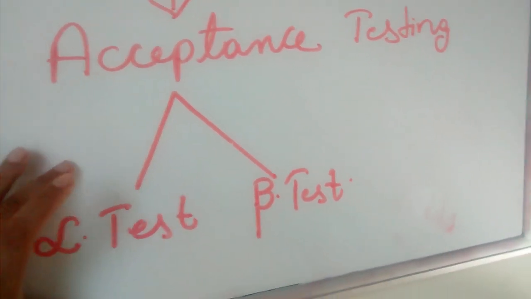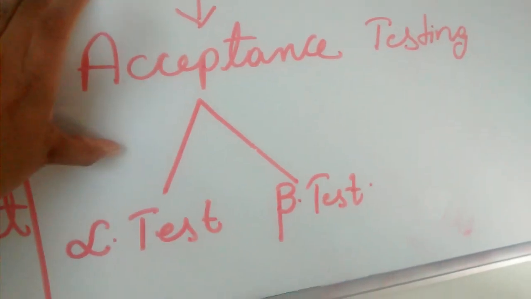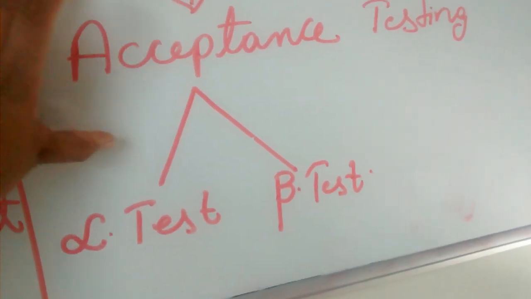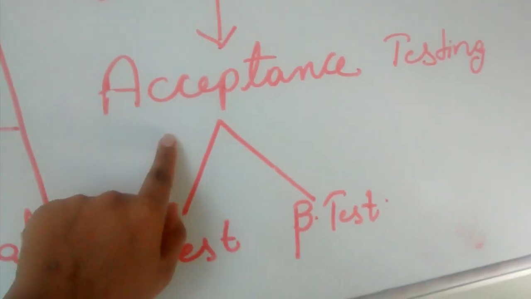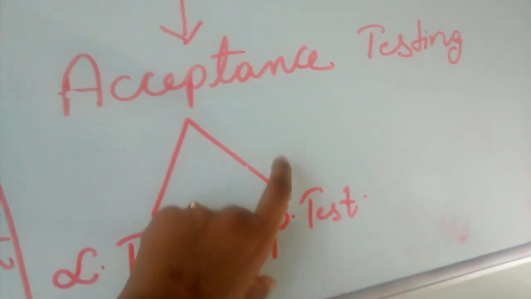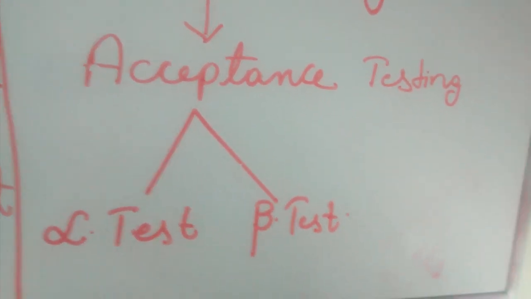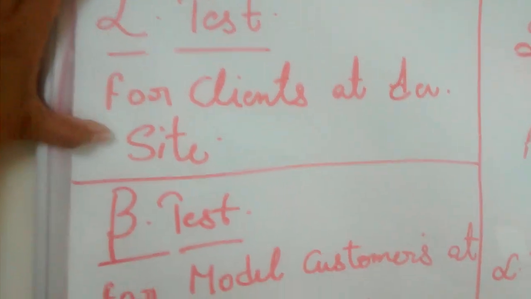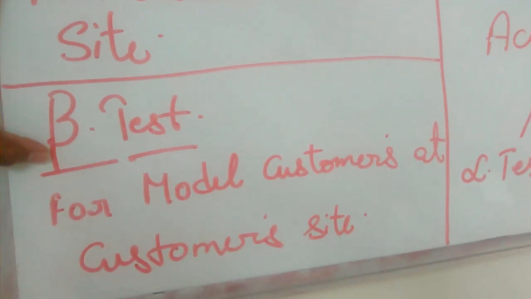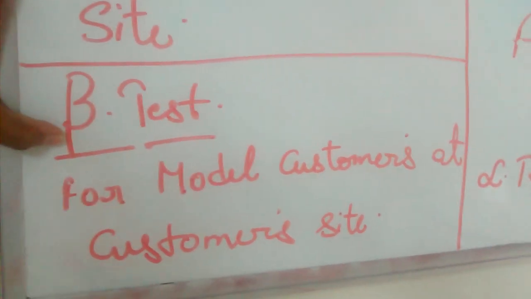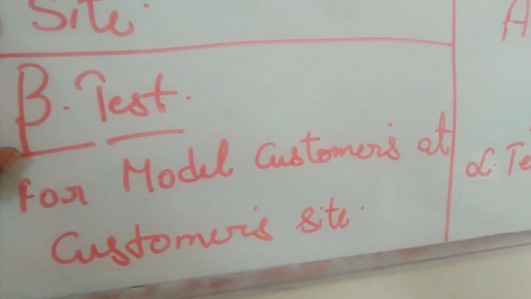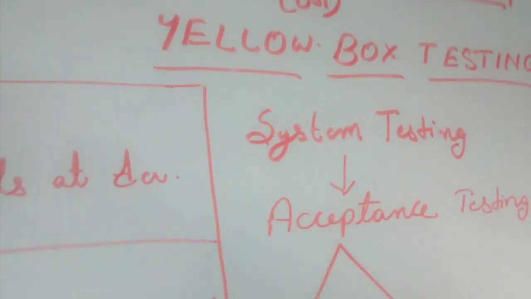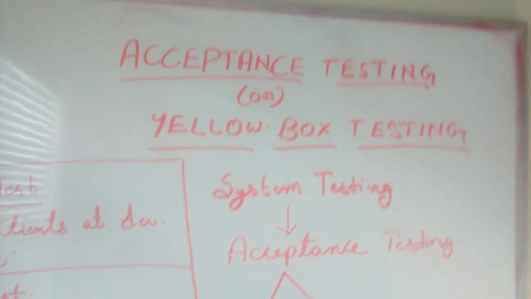So alpha test is done in project based companies, wherein we call clients to the developer's site, whereas beta testing is done at the model customer's site, and if the customer likes our beta version, he will purchase licenses from our company.